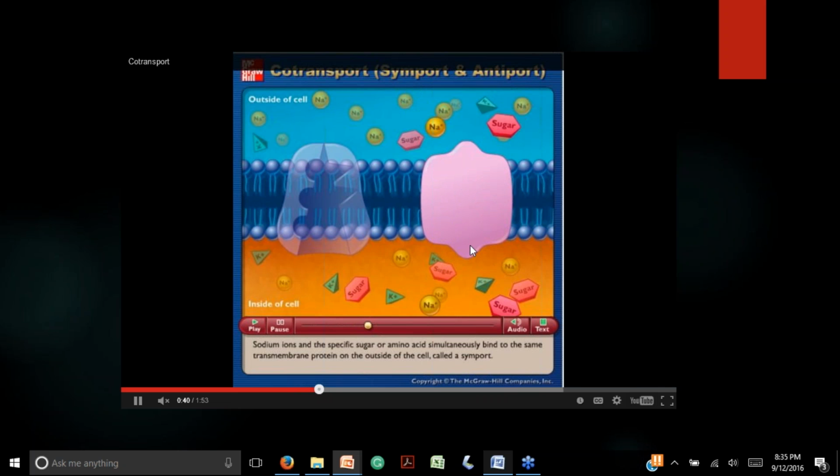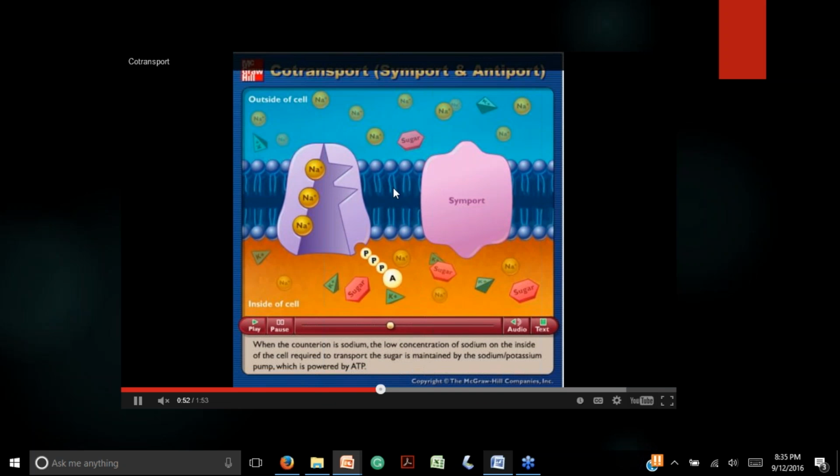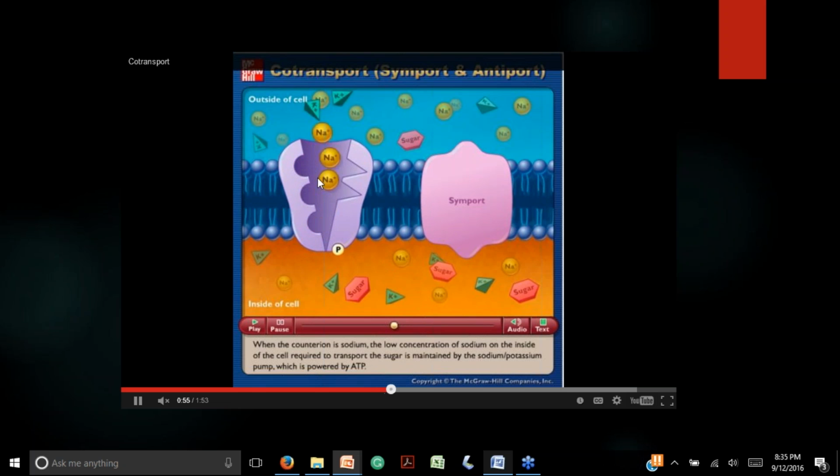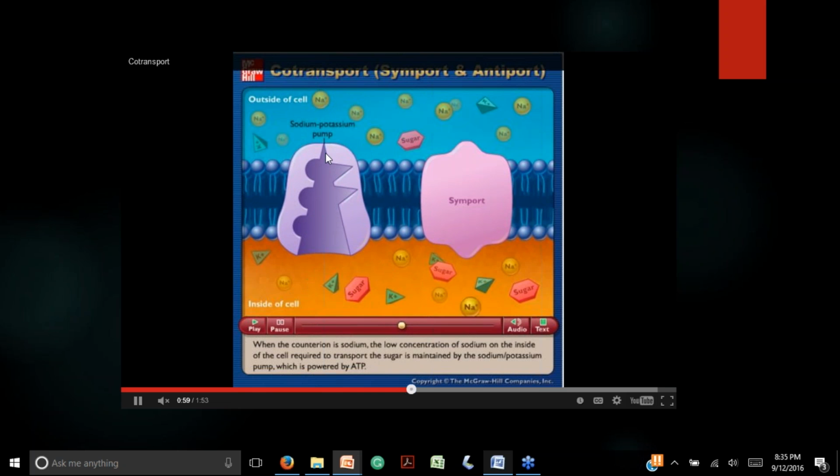But that's not everything about the co-transport. The source of energy to produce this entry of these products is going to be from here. So this is the sodium-potassium pump, that is the primary source of energy.